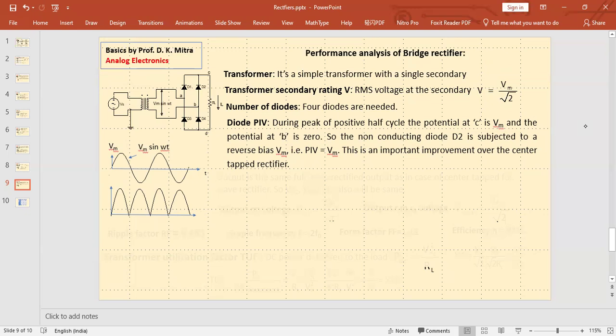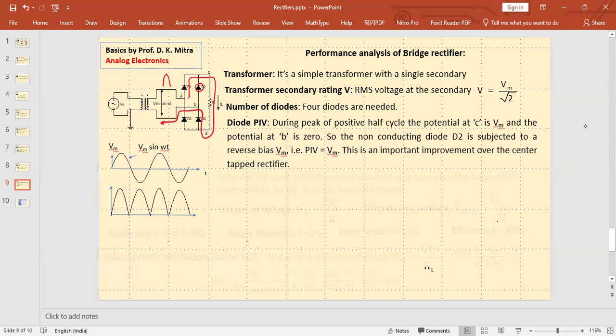Say this is the positive cycle. So this maximum value is Vm, and current starts from here, goes in this direction, then goes through the load, then goes from here, then from here, current goes back here. This is the path of the current. So this diode is reverse biased.